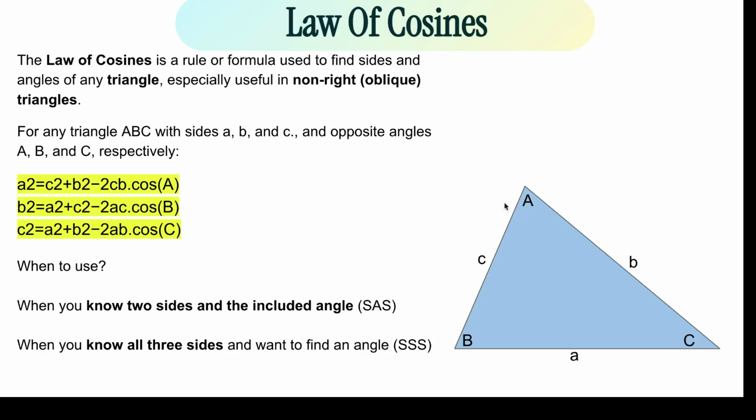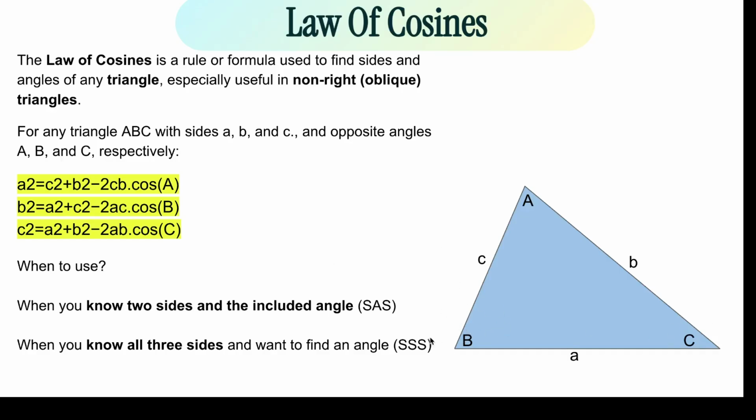So if we're looking at this angle, we apply this formula, but we must have the other three sides as given in any given problem or exercise. So we just substitute the sides and we can calculate the angle. The same applies, of course, to the other two angles.